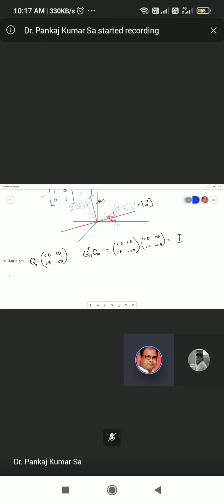So the same point I can get using cos theta, sin theta, sin theta, minus cos theta, times (1, 0), which is equal to cos theta, sin theta, isn't it?